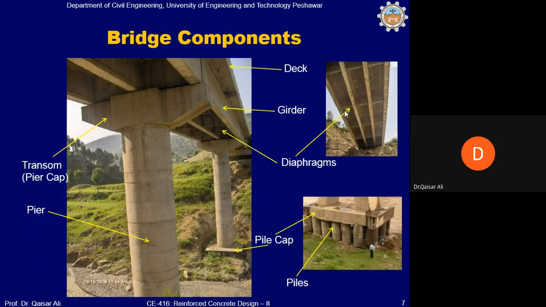In the transverse direction, this connectivity through a beam is done in order to facilitate the distribution of load evenly on the girder, because as you know, when a vehicle passes over a bridge, some of the wheels will be directly coming on one of the girders, so it will load that girder, and all the other girders at that particular instant of time may not be taking any load if these girders are not connected along their widths as shown in this figure, which are called diaphragms. These are called bridge diaphragms.